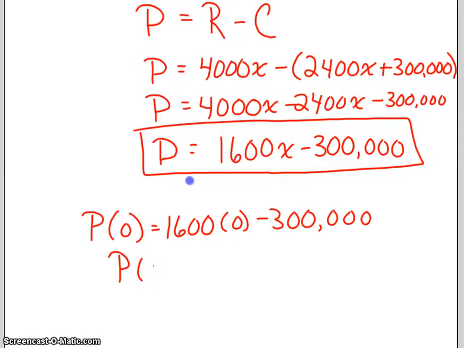And this makes sense. 1,600 times 0 is 0, so we get negative 300,000. We didn't make any items, and we just paid our fixed cost, which is 300,000. We didn't sell any items. All we did was pay our fixed cost, $300,000. So our profit is actually negative $300,000.